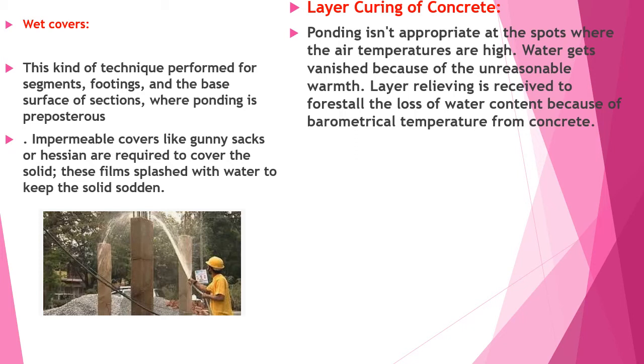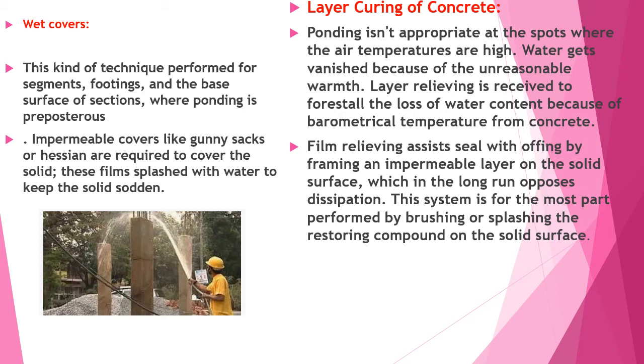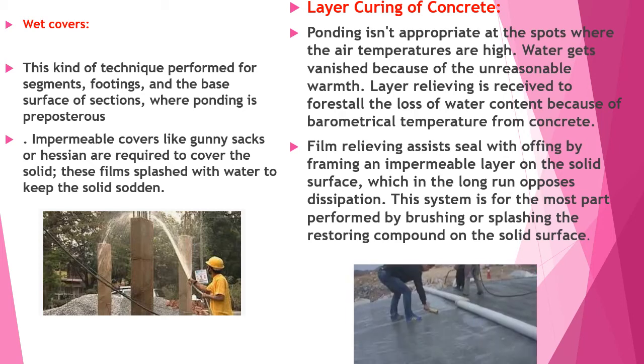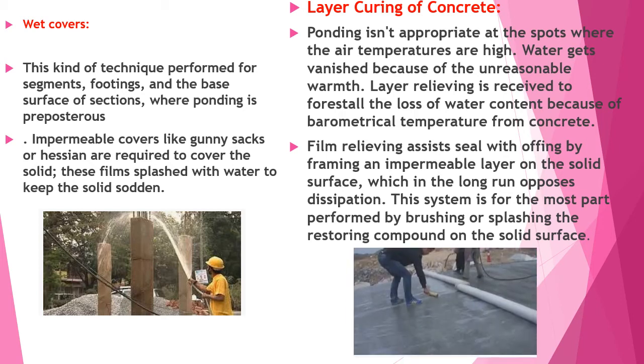Water gets vanished because of the excessive warmth. Membrane curing is required to prevent the loss of water content from the concrete because of atmospheric temperature. Membrane curing helps seal the water by forming an impermeable layer on the concrete surface, which eventually resists evaporation. This is mostly performed by brushing or spraying the resin compound on the concrete surfaces. The image of membrane curing has been shown below.